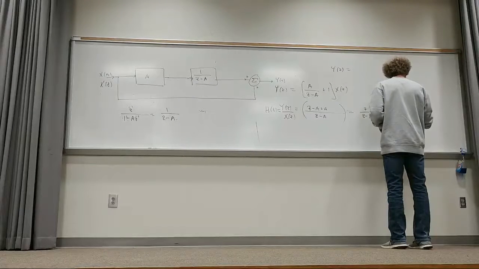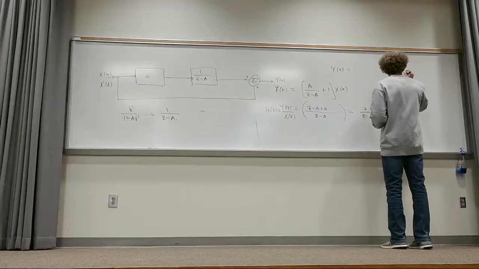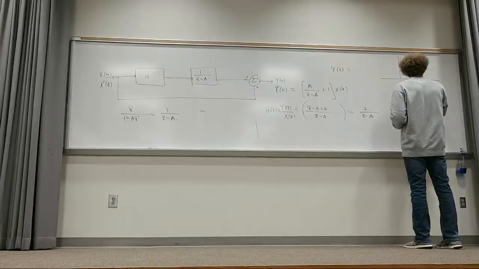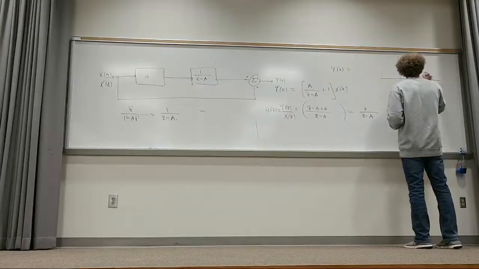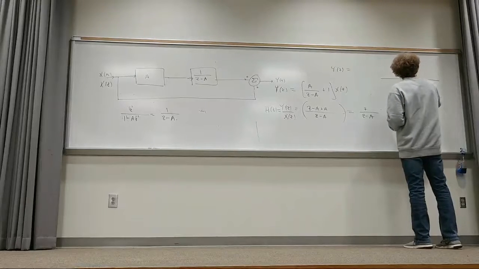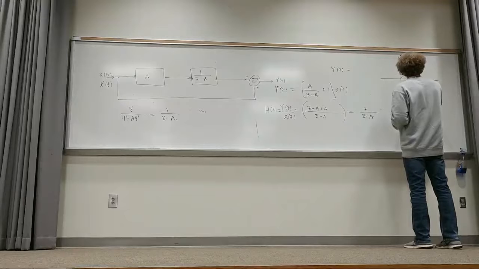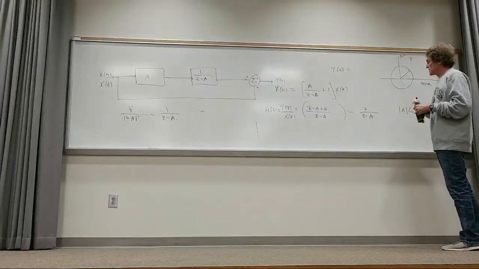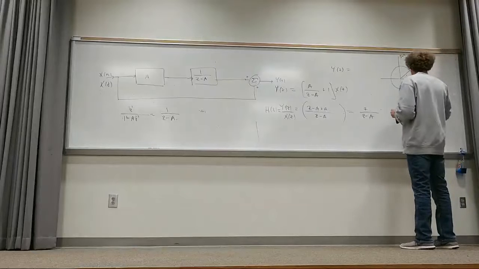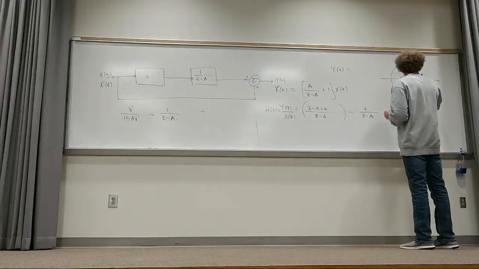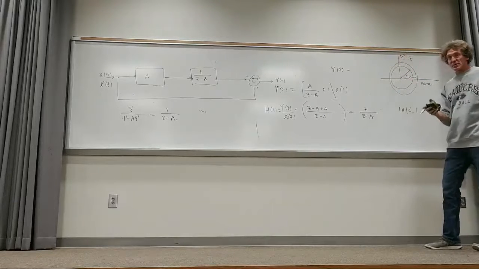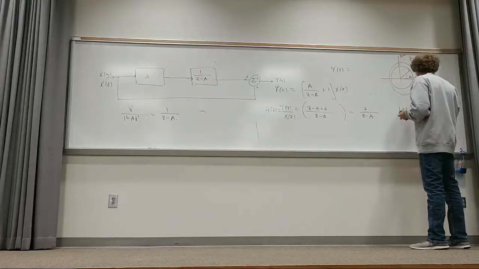The reason I'm saying this is, in a complex z plane, where this is the real part and this is the imaginary part, if I draw the 1 circle and look at where the pole is, the pole is going to be z equals a. So if this was distance a in magnitude, here's the pole. That pole has to be inside the 1 circle. So that means the magnitude of a has to be less than 1.